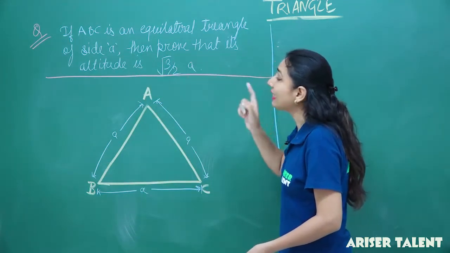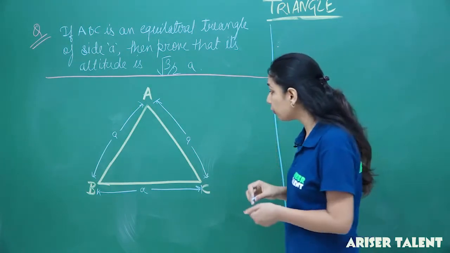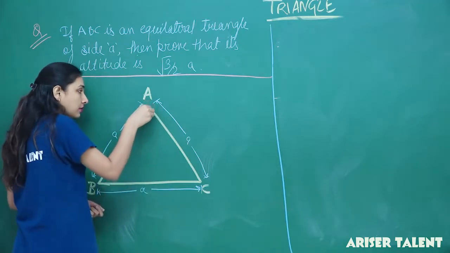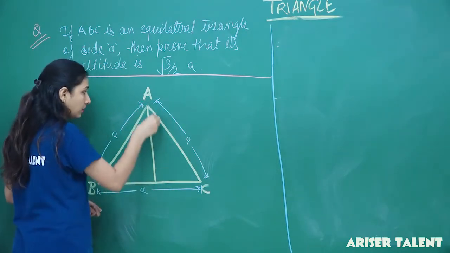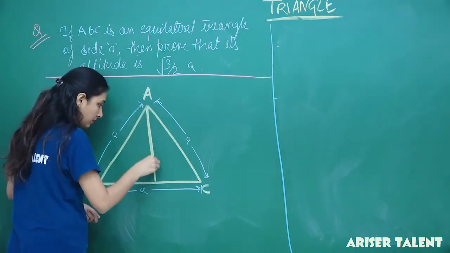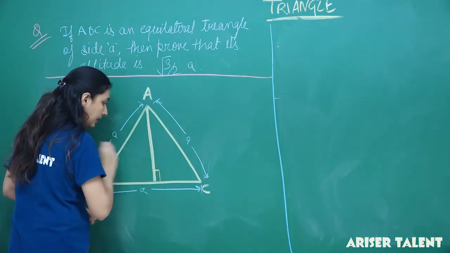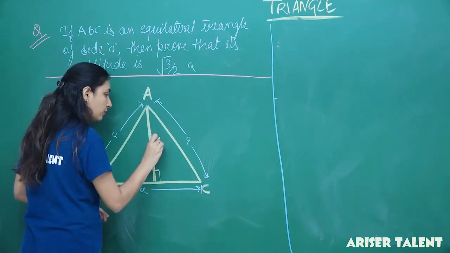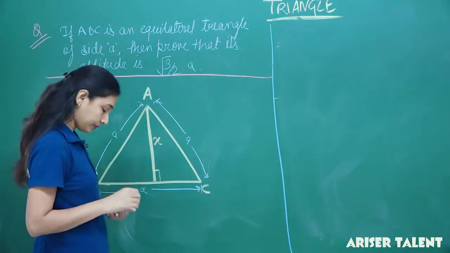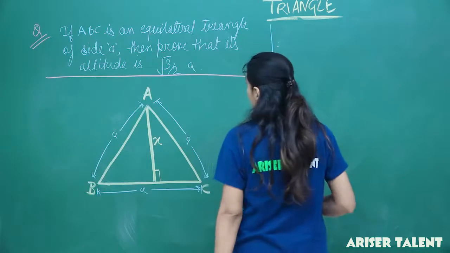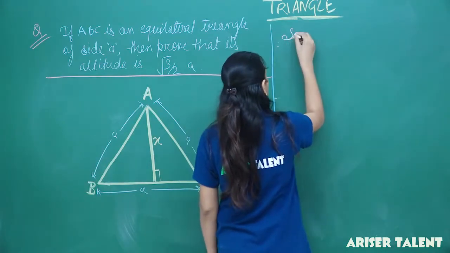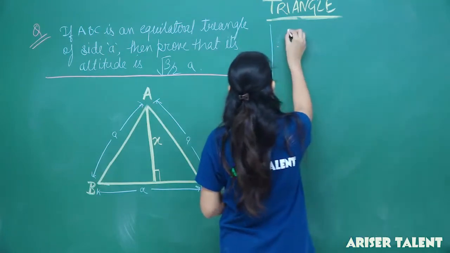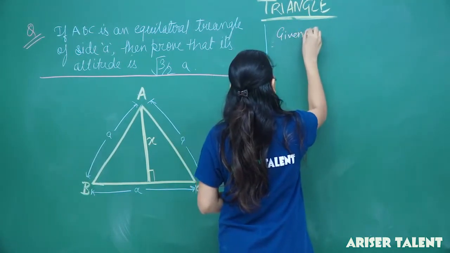Now we have to prove that the altitude is root 3 by 2 A. So the altitude will be what? Draw an altitude here. So it's basically 90 degrees and we have to find the value of this, X equals what?